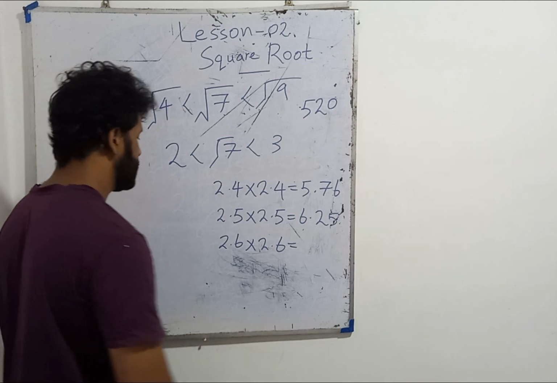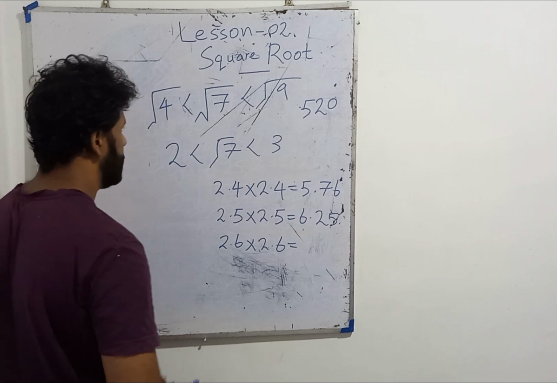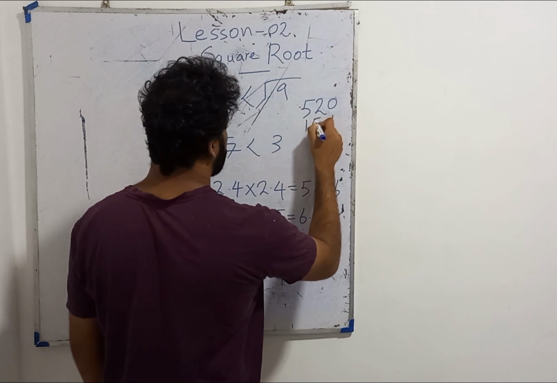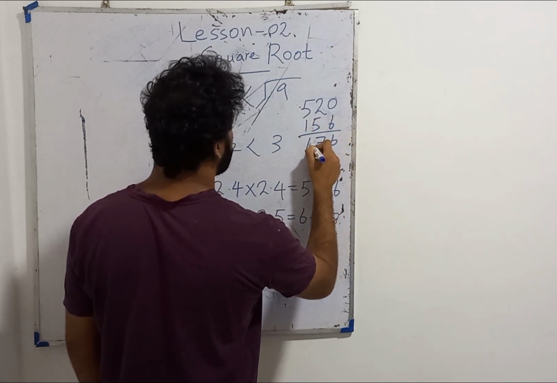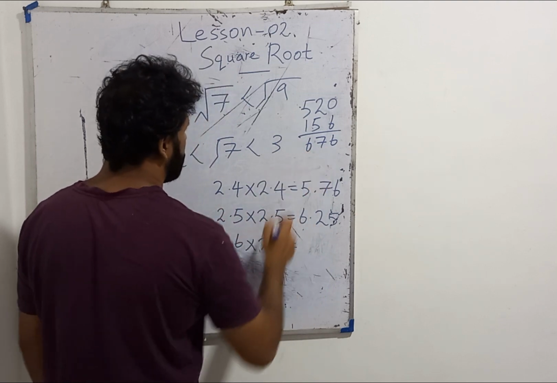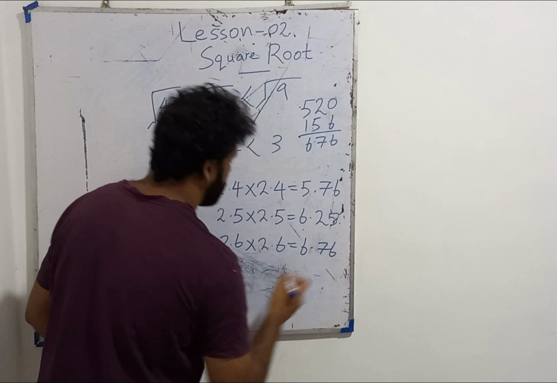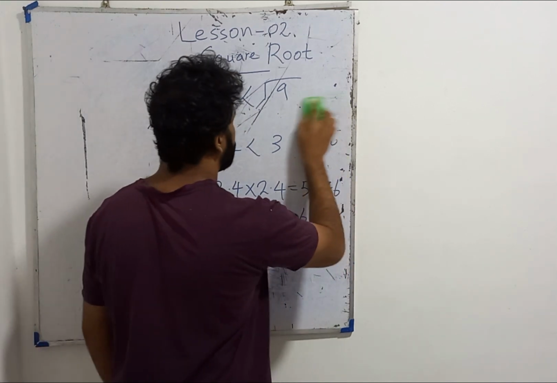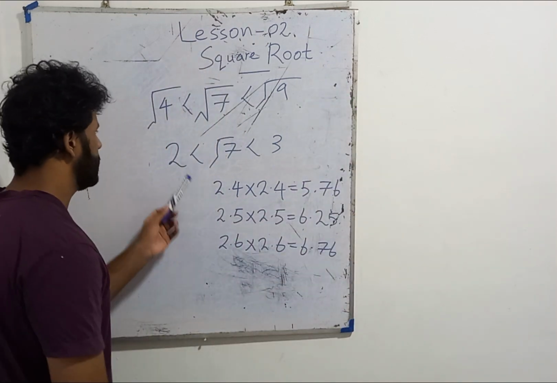Then 26 times 6, then 6, 7, 6. Like 6.76, right? 6.76. Okay, very close to 7.